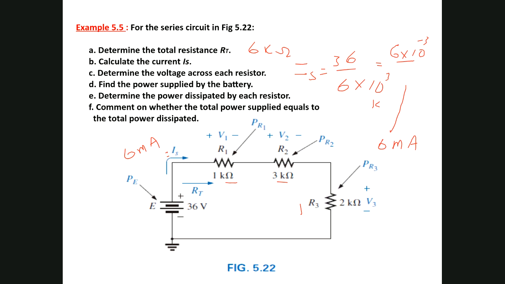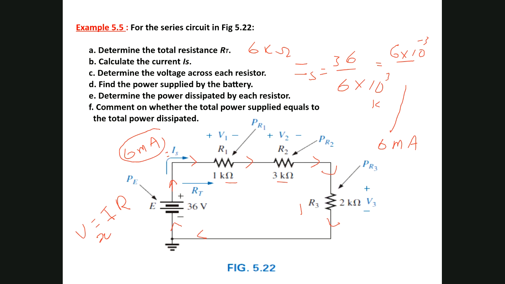As we know, the current of 6 milliamp will be the same as I1, the same as I2, the same as I3, the same as I supply, and back again. How to find the voltage drop? Just multiply the current times the resistance by using Ohm's law, V equals IR. Then you can find the voltage drop of each load.